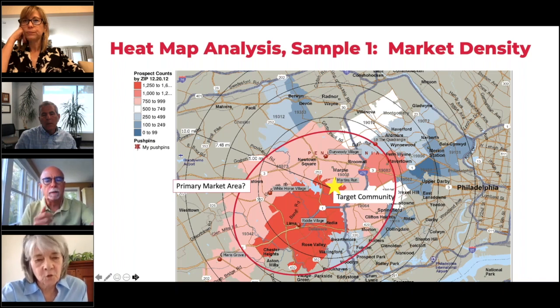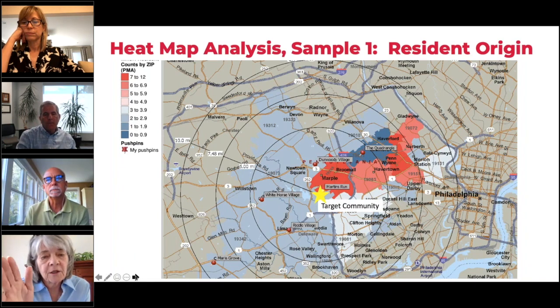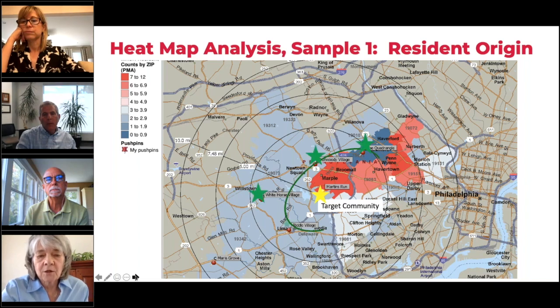So I'm going back to tools that graphically give us hints and key information about our market. In fact, the study area shifted to the north and to the east. And part of that is certainly that, again, it was the target market, the Jewish community.